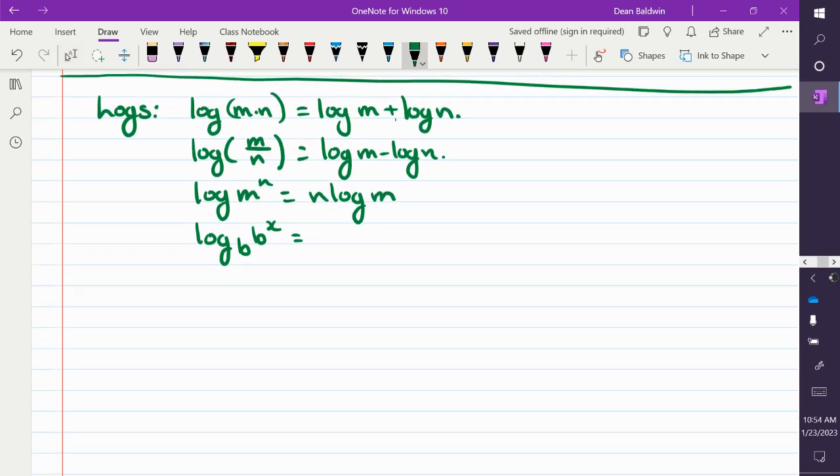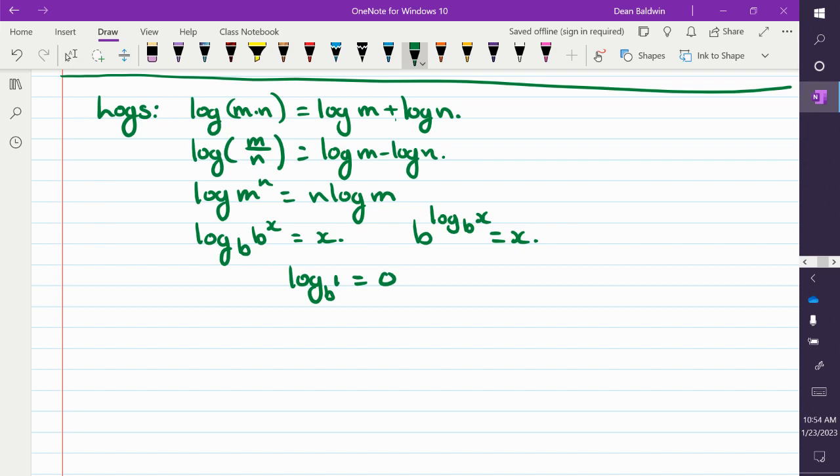Just whatever the exponent is, so it just equals x. If you have base b to the exponent log base b of x, the base and the base match, therefore it's just x. And then if you try to log the number 1, no matter what the base is, you get 0.